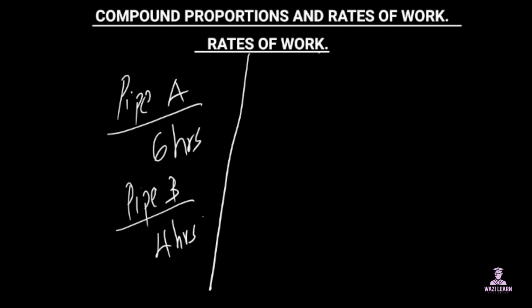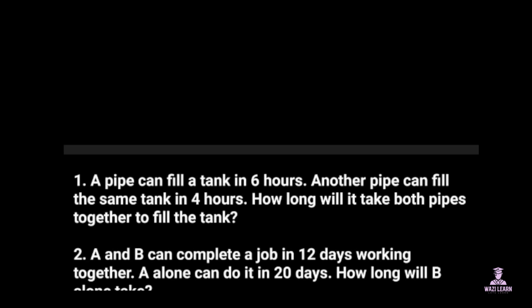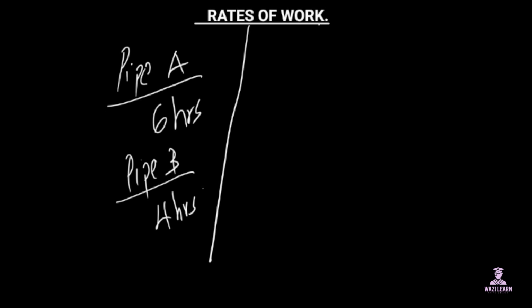Let us find out in 1 hour what part or what proportion of the tank each pipe will fill. If 6 hours will fill the whole tank, 1 represents the whole tank.